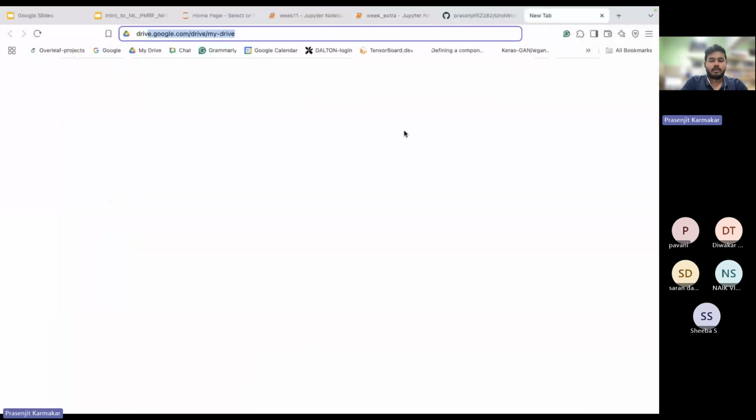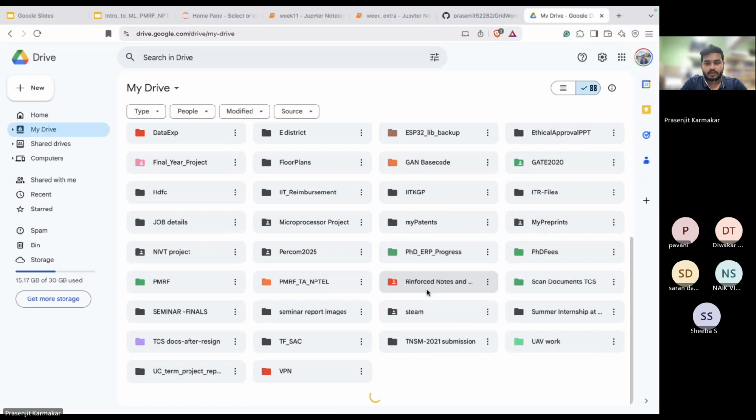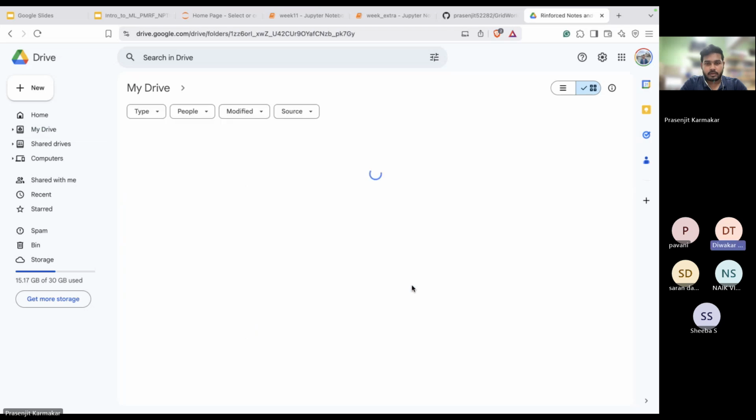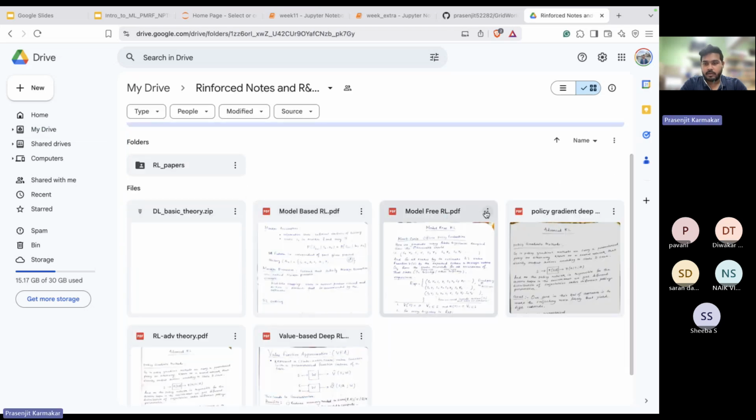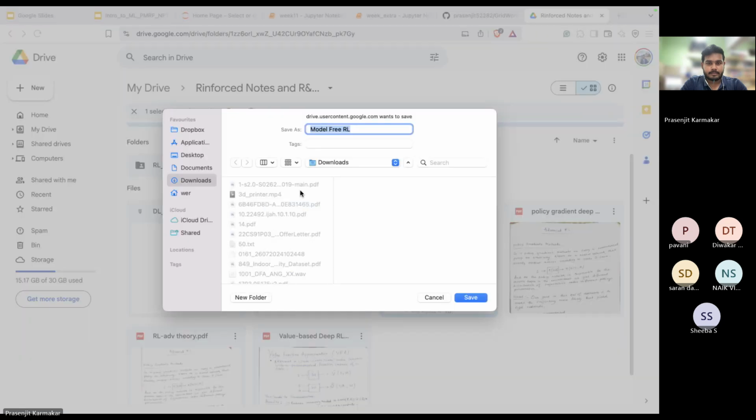So the model free notes are in my drive. Yeah, model free reinforcement. Download.